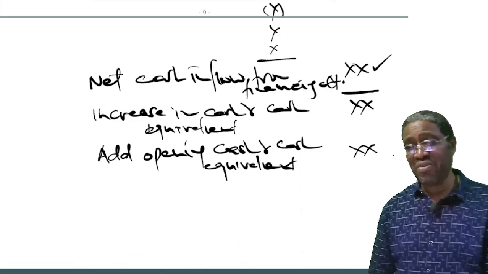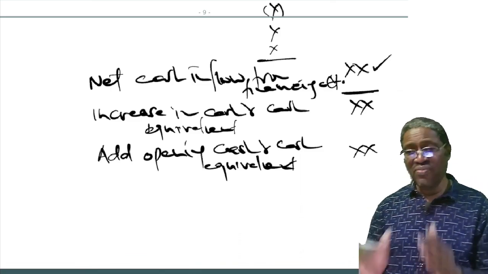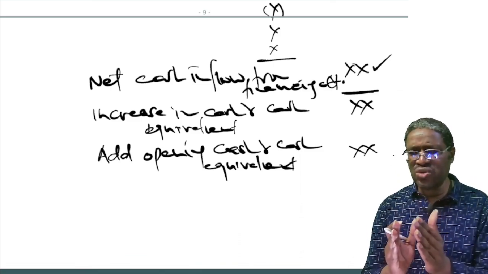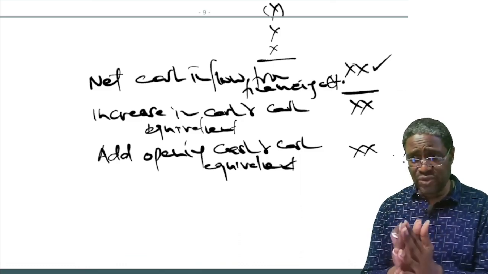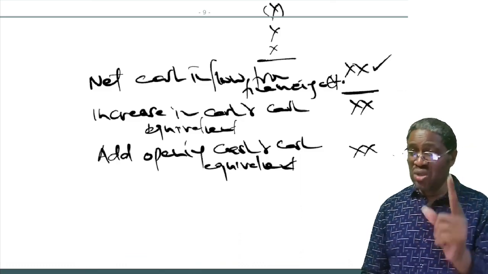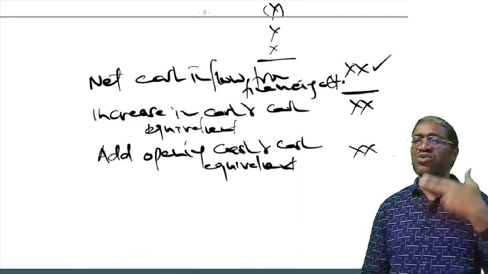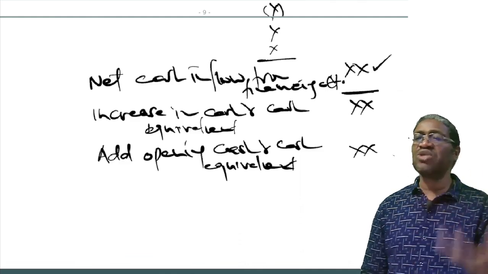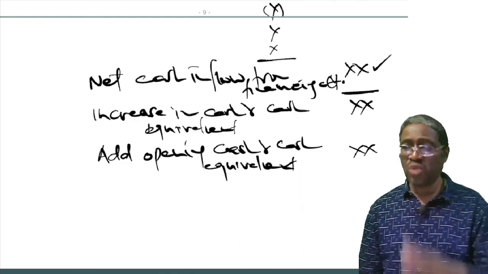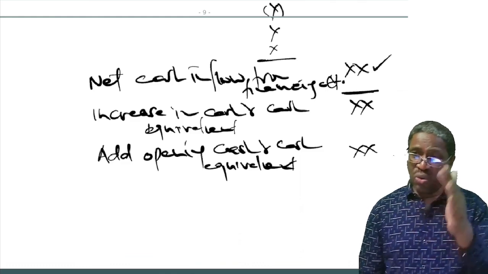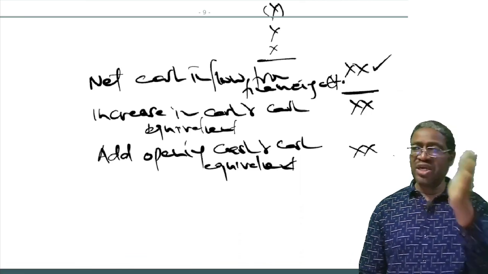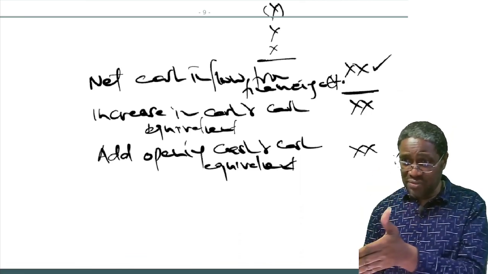Of course, you remember, every time the examiner used to give you a question on cash flow, he had to give you an income statement for that particular year, and a statement of financial position, what you call balance sheet. One balance sheet for last year, and another balance sheet for this year.